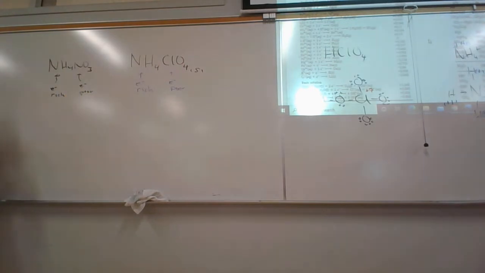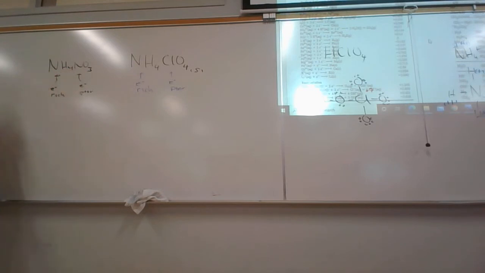So this nitrogen is +5. This nitrogen is -3. That's 8 electrons difference. Going from +5 to -3 is 8 electrons. So this nitrogen has all the electrons. This nitrogen has none of the electrons. And so if these two nitrogens got in a tug of war, what's going to happen?